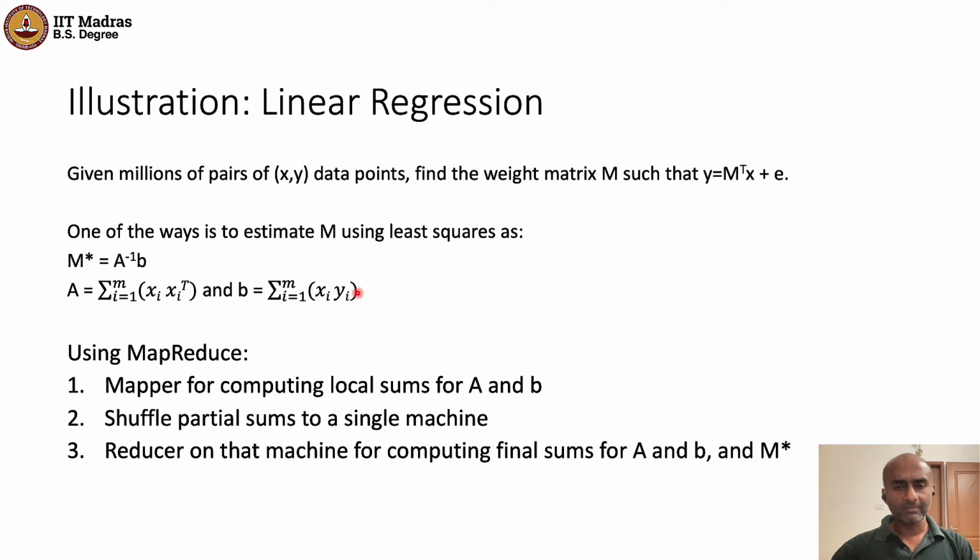And b is basically the summation of the cross product of x and y together. So if I do this product, then I'll be able to get the estimated optimal value of this matrix, and that gives me the best representation empirically that can actually fit this equation for that input data set.